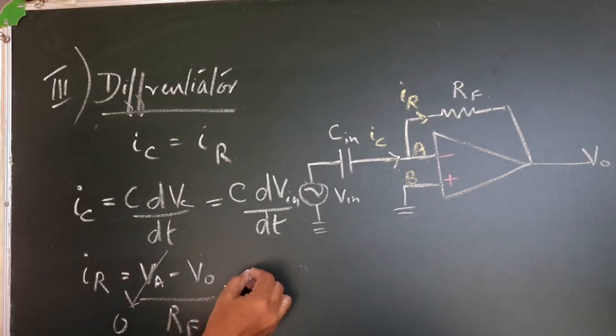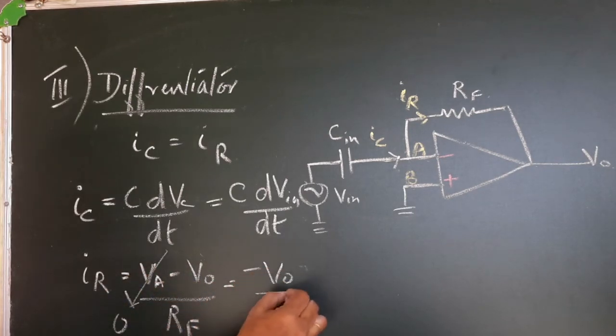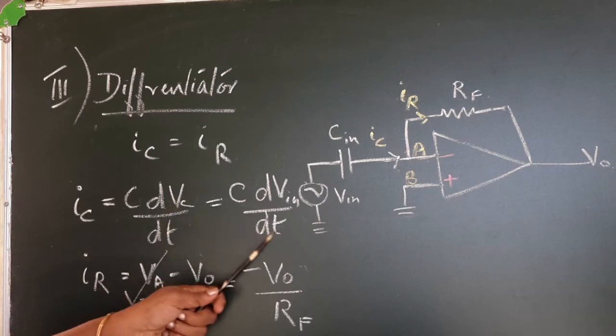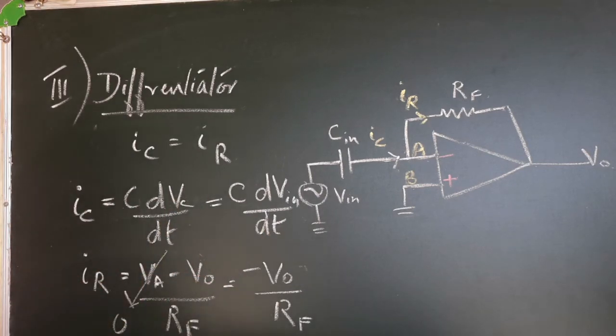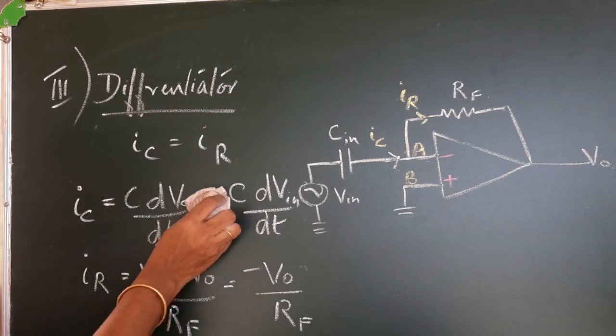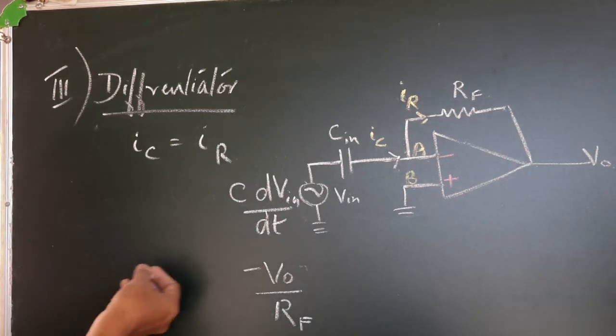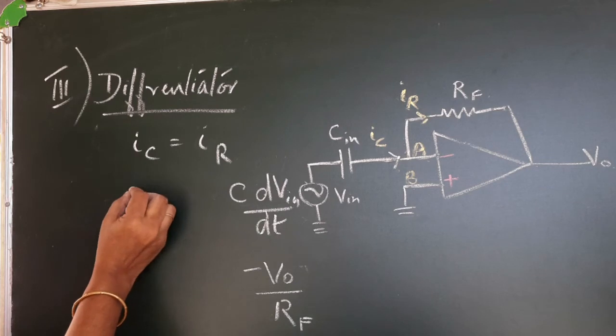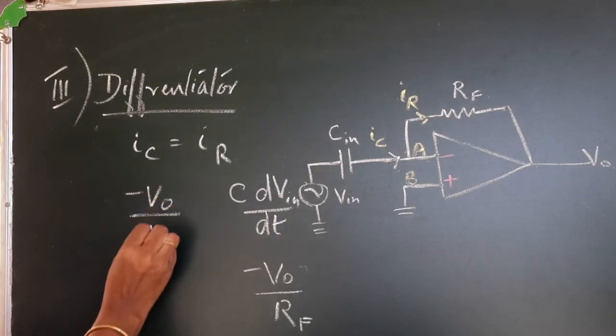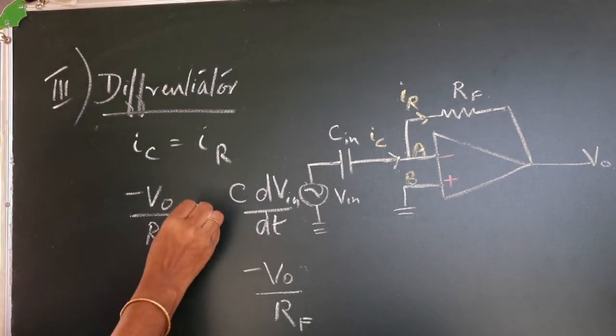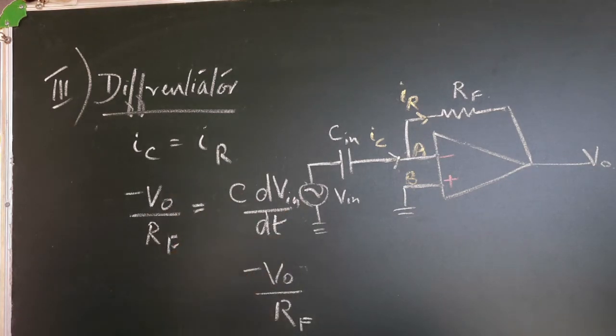So this becomes minus V0 by RF. So this is the expression for IR, this is the expression for IC. Now we will equate them. So minus V0 by RF is equal to C dV in by dt.